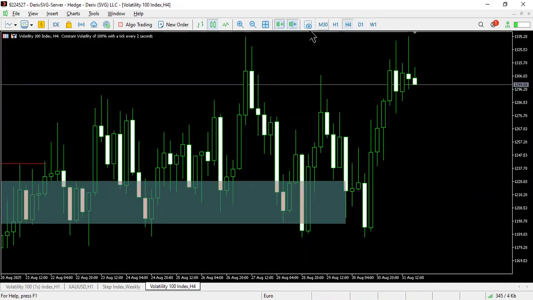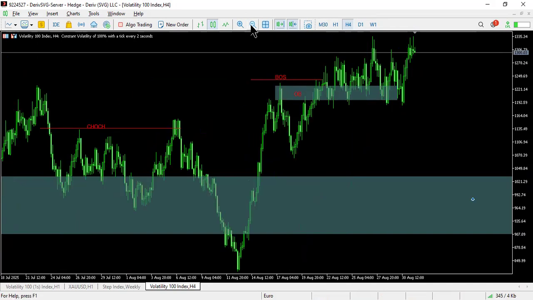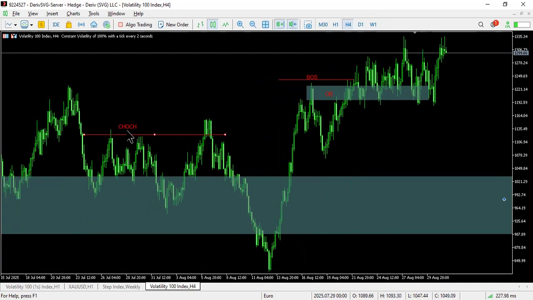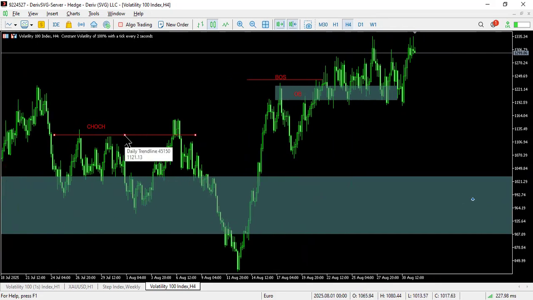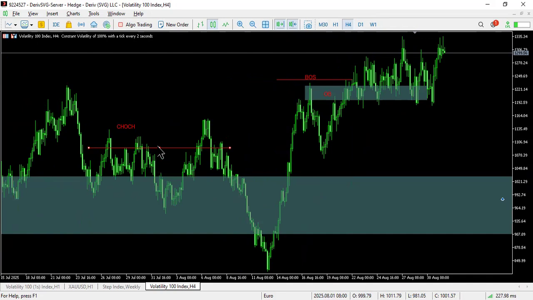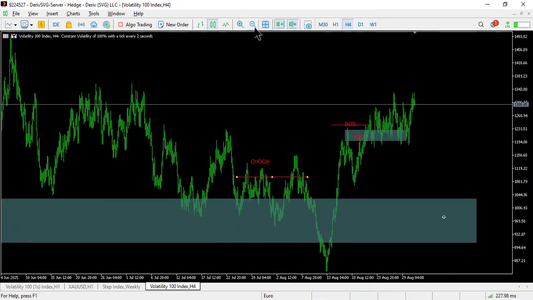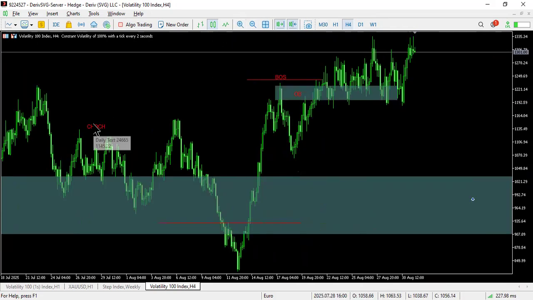And then if we go to the 4 hours, you can see that the change of character happened at this level, when the price broke the lower high.